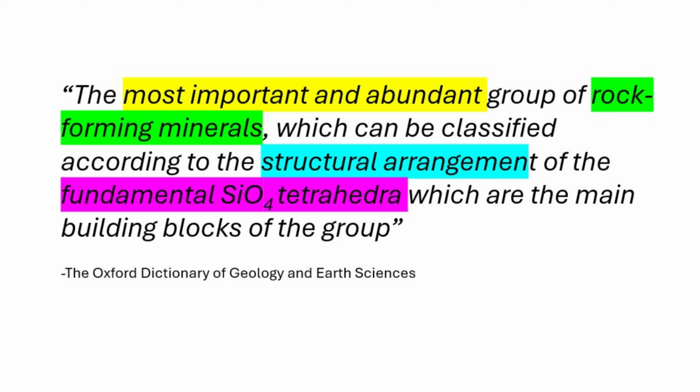Lastly, and this is the more complex but important part, we see the word fundamental SiO4 tetrahedra. All right, we know that fundamental means basic, but what on earth do we mean when we say SiO4 tetrahedra? Well, SiO4 is a compound of two elements.